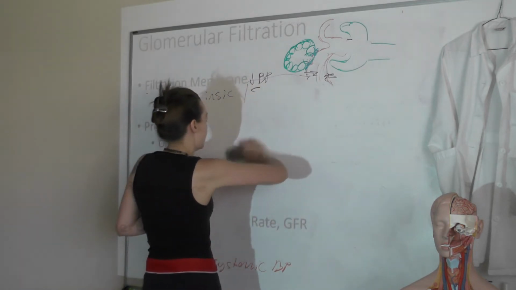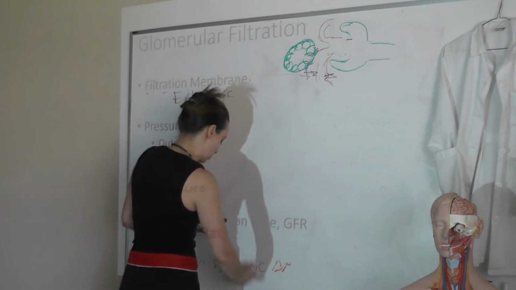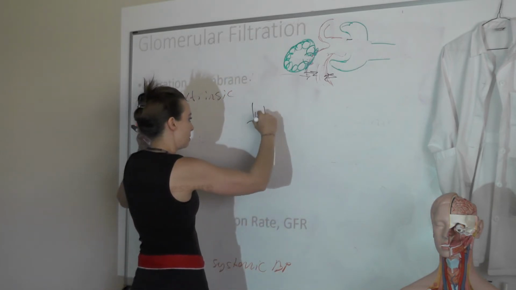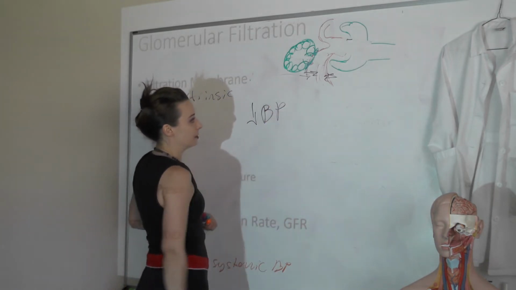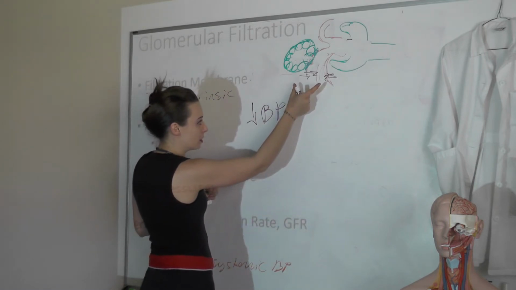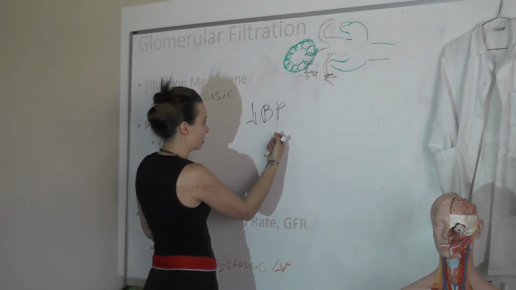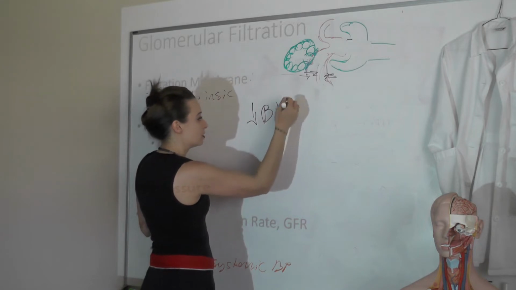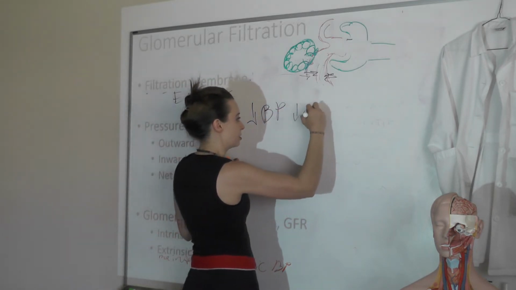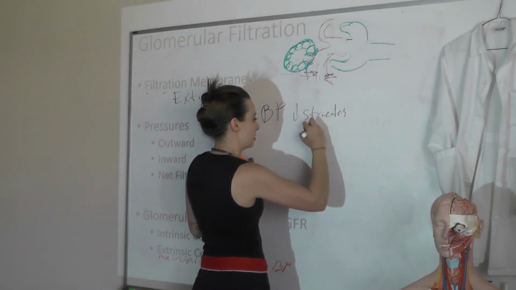So here, in response to a drop in blood pressure, now this should all be coming together. What's going to happen to the diameter of the afferent arteriole in response to a drop in blood pressure? It's going to drop. So this is a decrease in stretch of my afferent arteriole.